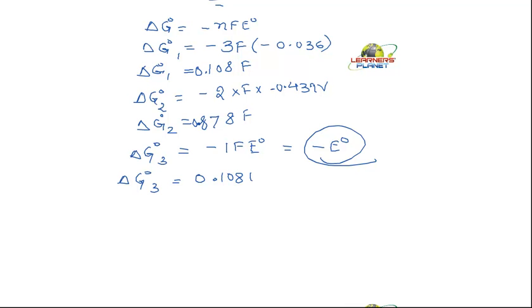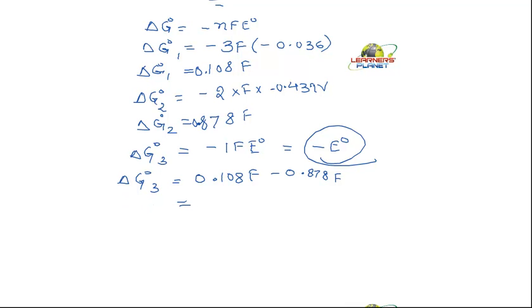Okay? So your delta G3 will be equal to 0.108 F minus 0.878 F. So what will be your delta G3 value? Just subtract this. Delta G3 is what? Minus F E naught.